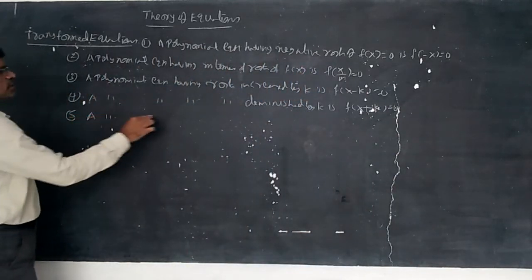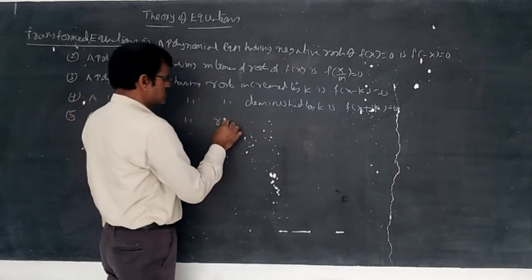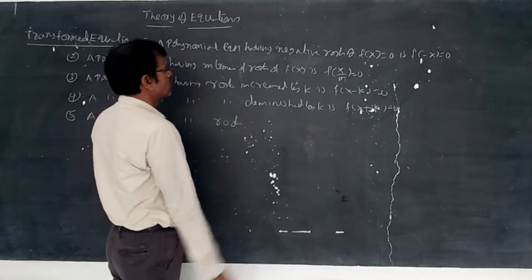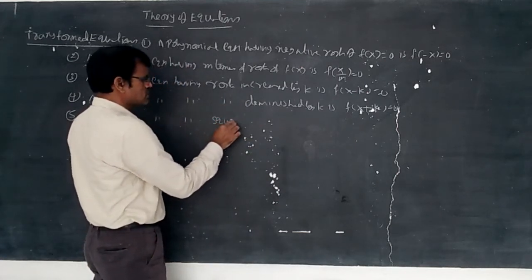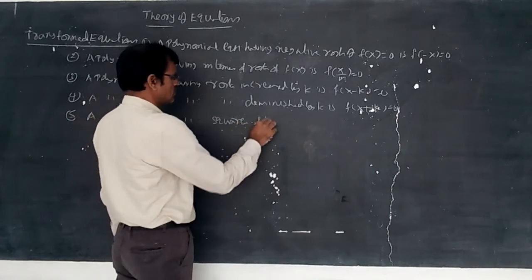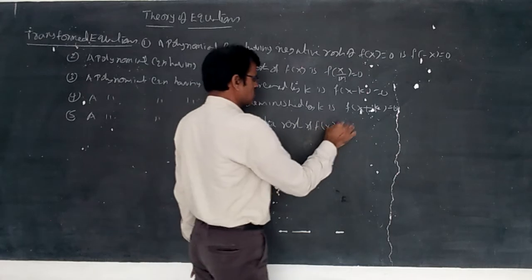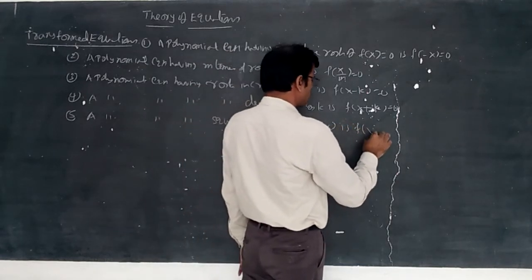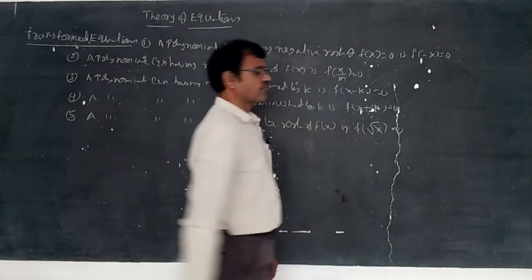A polynomial equation having squares of the roots of f of x is f of root x equal to 0.